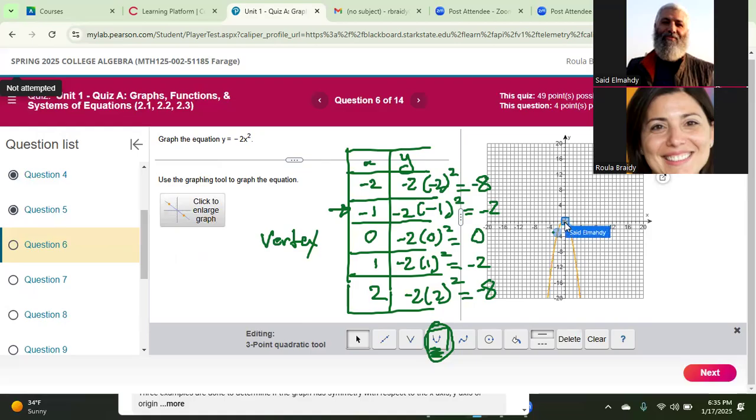This is 0, 0, this is 1, -2, and this one is wrong. We need -1, so go to the right a little bit. To the right again. -1, -2. Okay, yes.